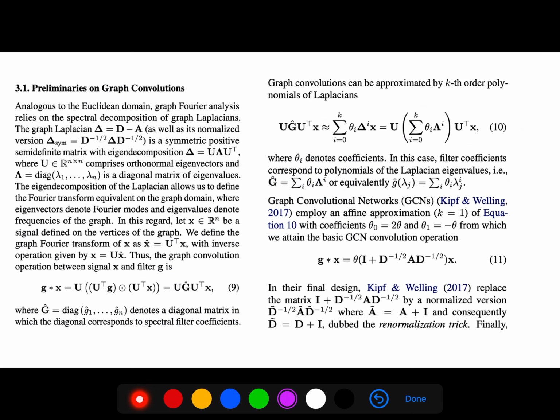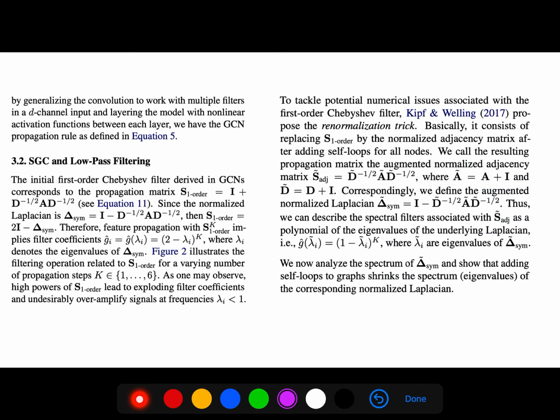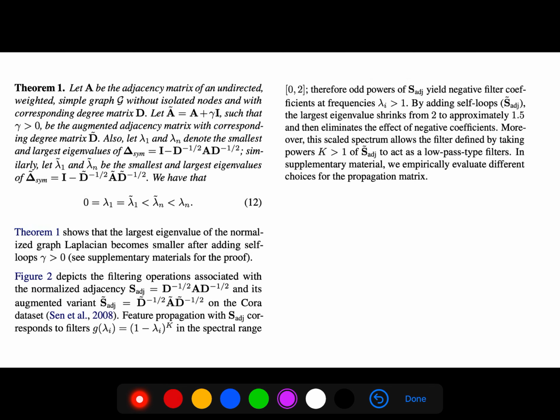Then they do spectral analysis. So they say, oh, it's like low pass filtering. It's like, for example, you have an image. If you do this, it's a low pass filter, it becomes blurred. And you know these theorems that you see in classical spectral graph theory.